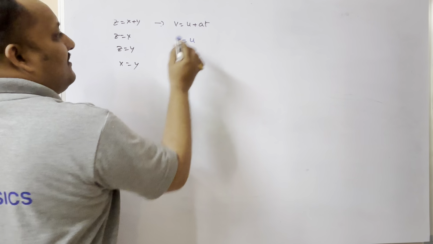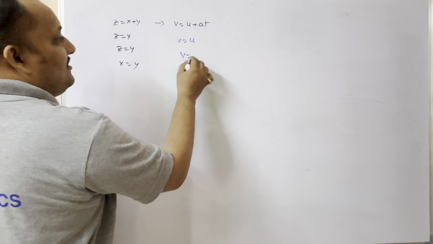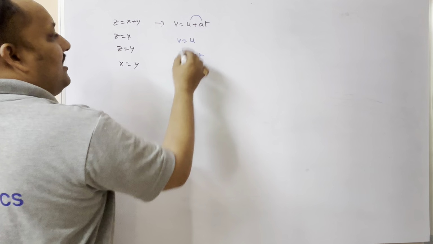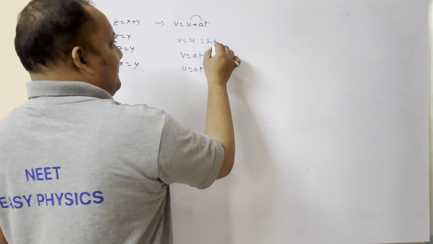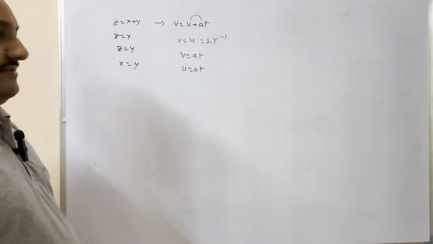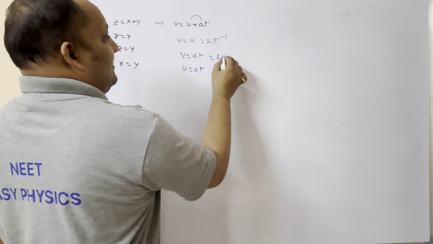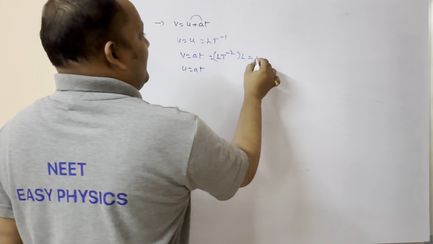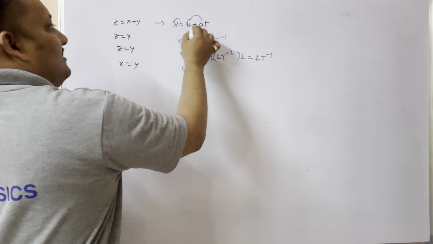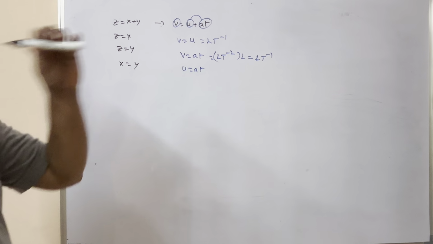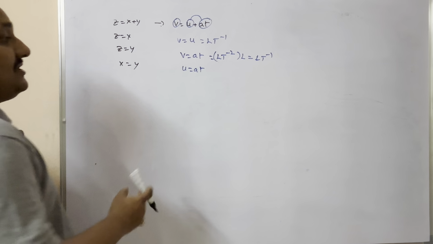So velocity is equal to velocity, and velocity should be equal dimensionally to at, and u also should be equal to at. So you can cross check dimension formulas. L t power minus 1 velocity. Acceleration L t power minus 2 into t. So that is also L t power minus 1. Therefore u and at all have the same dimensional formula.